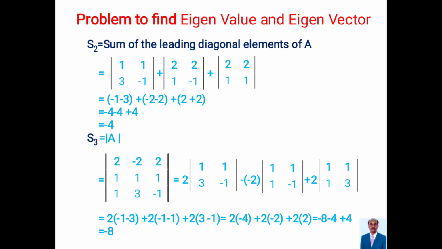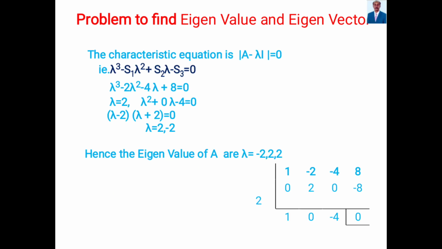So using these S1, S2, S3 values, we form the characteristic equation. We already know the characteristic equation: modulus of A minus lambda I equal to 0, that is lambda cube minus S1 lambda square plus S2 lambda minus S3 equal to 0.